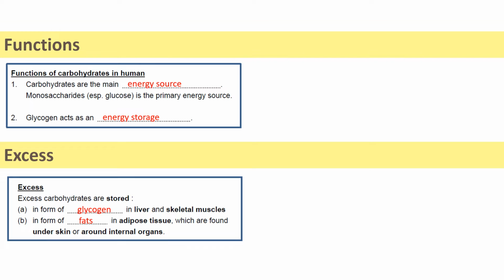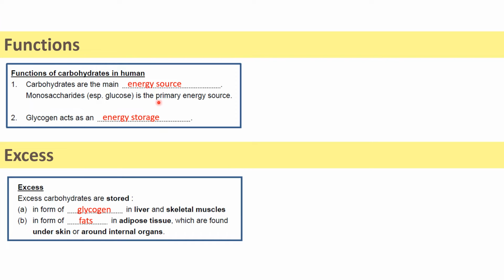The main function of carbohydrates is to provide energy. For monosaccharides and disaccharides, those that are small, they serve as an energy source in a quick way. Especially glucose, which is our primary energy source, meaning that when our body has a lot of different types of energy source, our body would choose to use glucose first.